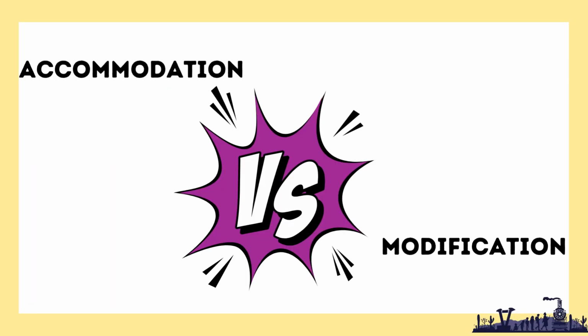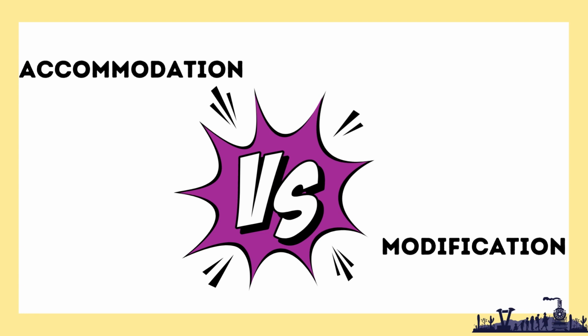Our presentation is called Accommodation and Modification. So we need to address what is accommodation and what is modification before we start. For me, I define accommodation as a teacher decision that offers more tools for students to complete the assignment without lowering the rigor.